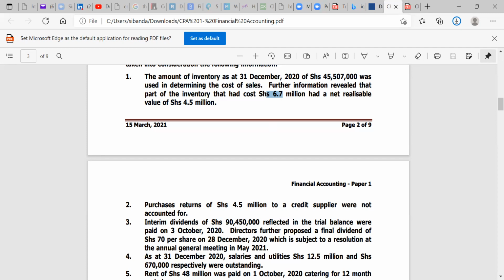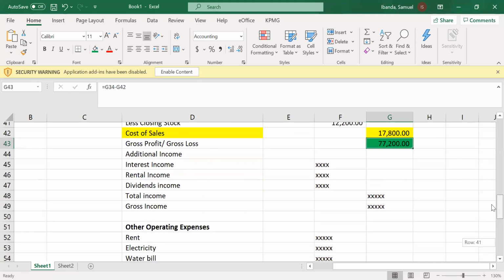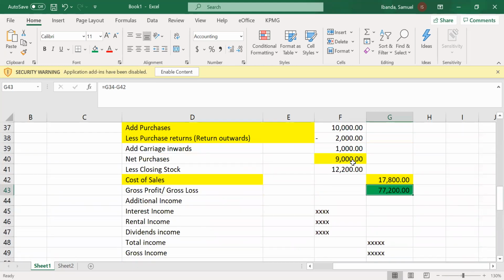As we have agreed, when you value your inventory, if you give a higher value of closing stock here, it will definitely increase your profit. It will increase your profit.